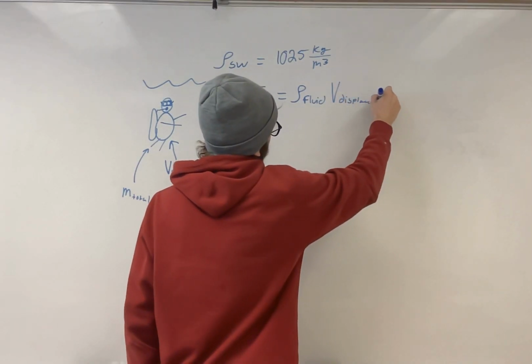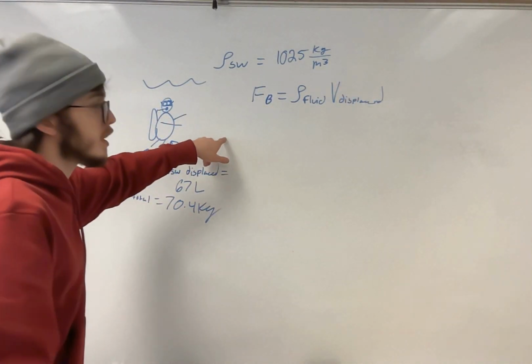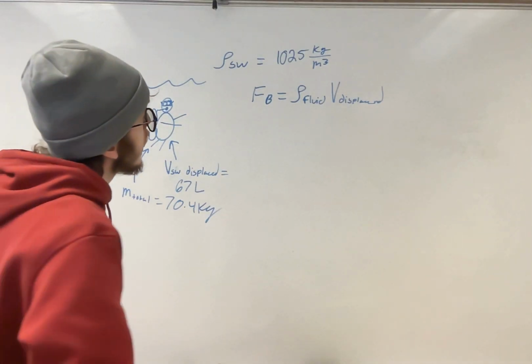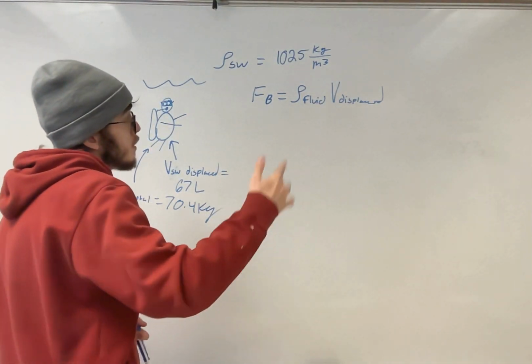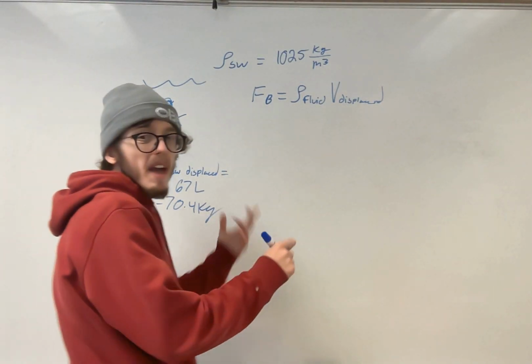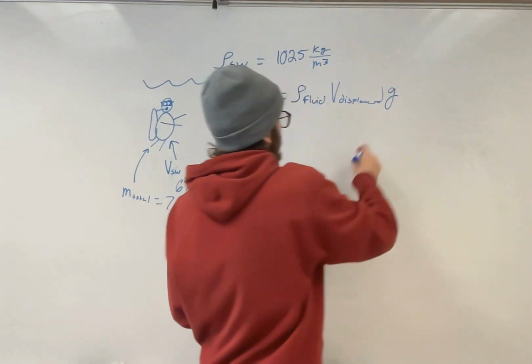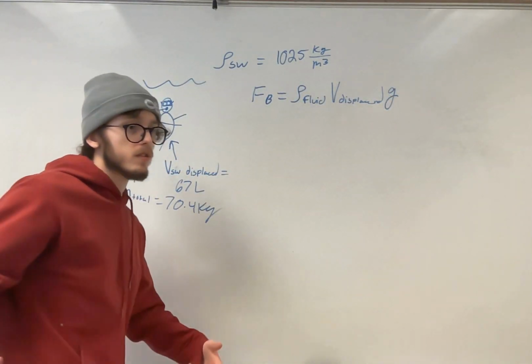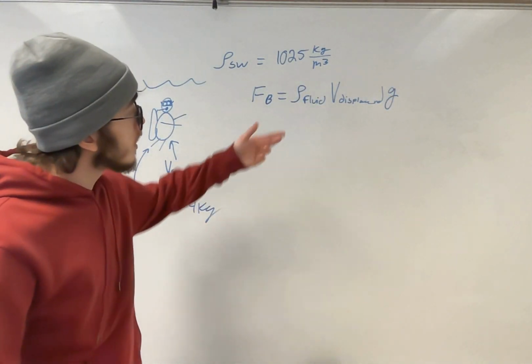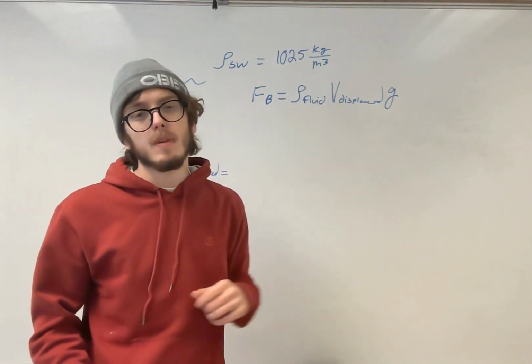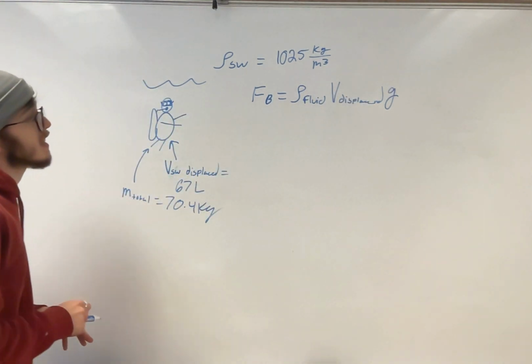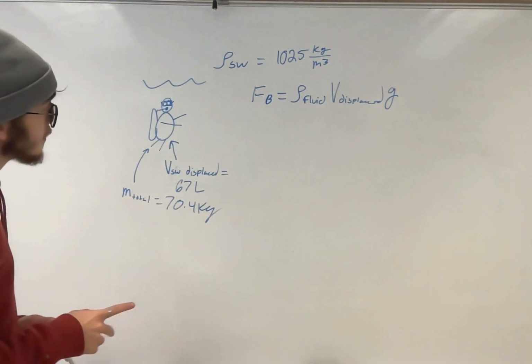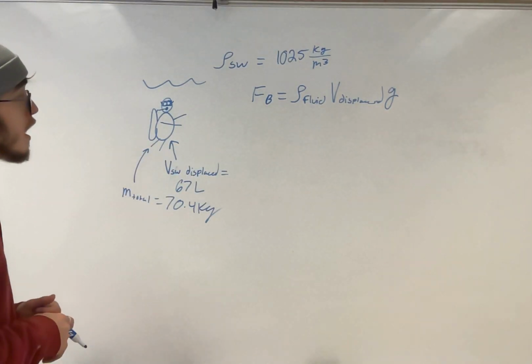So how much of that water did you displace, or any fluid really? And then we have to multiply it by gravity, right? Because these two terms will cancel meters cubed, leaving us with kilograms. Then we have to multiply that by meters per second squared to get a force of newtons. Okay, so that's the force of buoyancy.